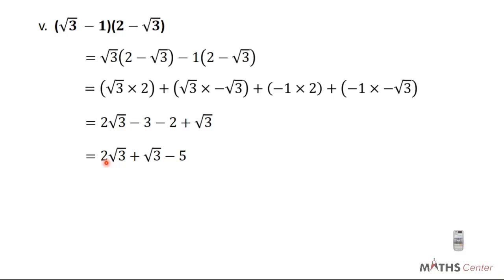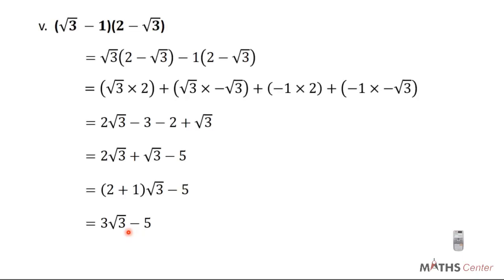So we have 2 root 3 plus square root of 3 minus 5. You know that the number in front of this root 3 sign here is 1. So if we are adding them, we are going to have 2 plus 1 square root of 3 minus 5, and this will give us 3 root 3 minus 5. Remember, you can't add this surd here to the whole number here.